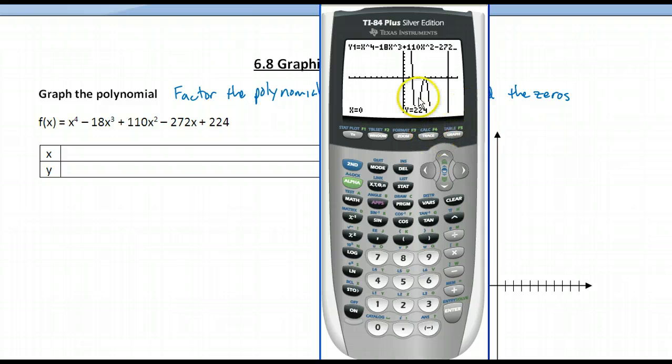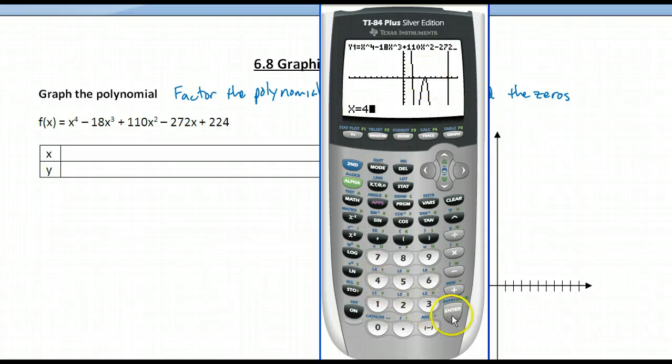So let's try those points. If I type in 2, well, 2 is not exactly a 0. If I scroll close to that number, I can get close to the 0, but I can't get exactly 0. It looks like it's about 1.7.